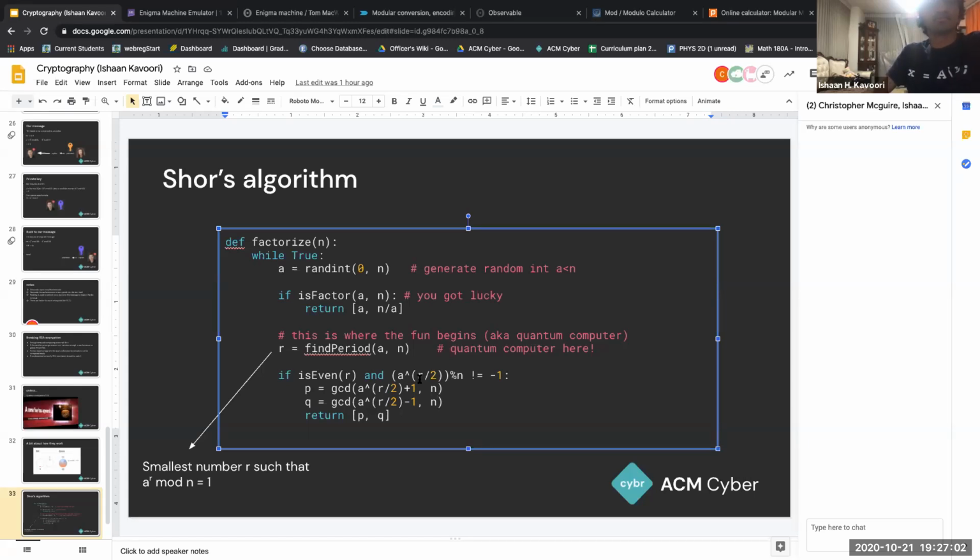Don't worry if you're having trouble keeping up. Honestly, there's a lot more here that I'm not talking about because I don't fully understand it. So then you found P and Q and you return them. And if both of these statements aren't true, you have to regenerate your number a and do that again.